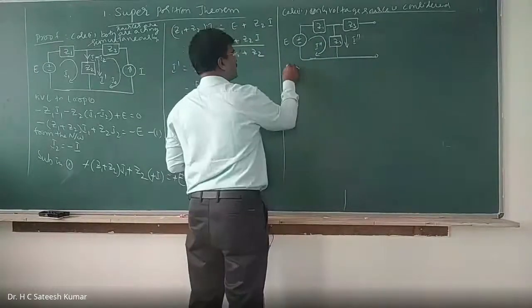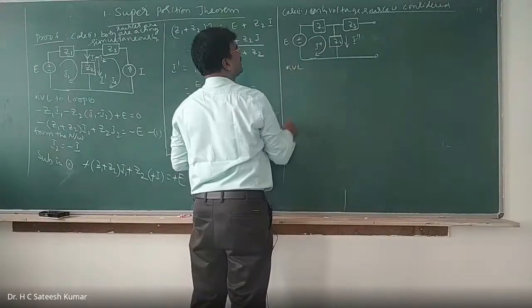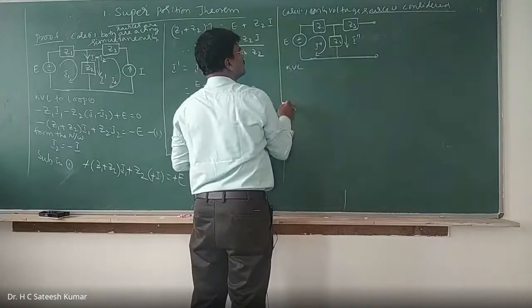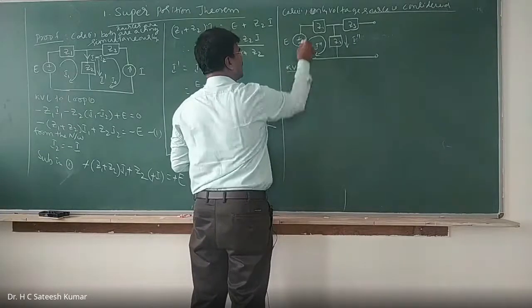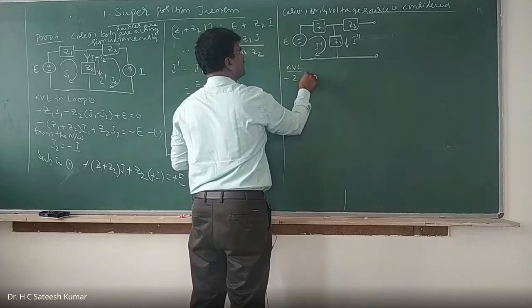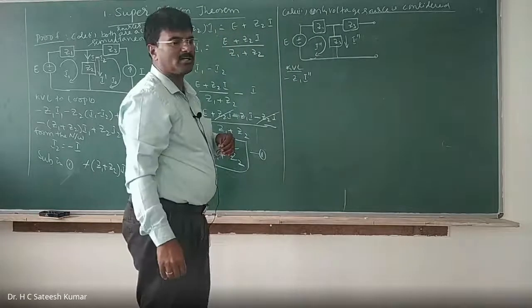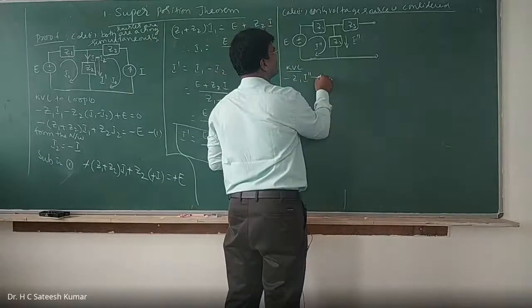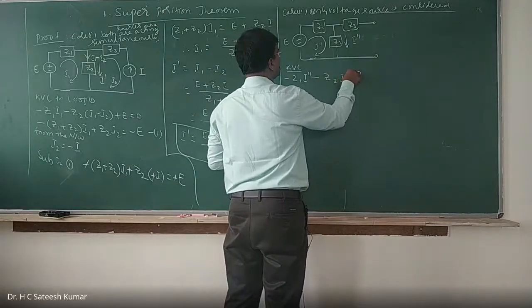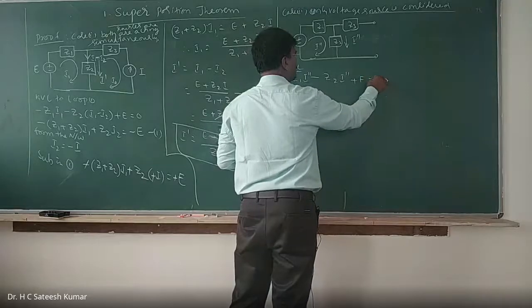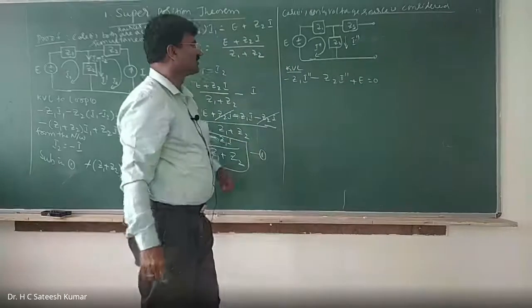Apply KVL, Kirchhoff voltage law, or mesh analysis loop. So what do we get? Minus Z1 into I double dash, minus Z2 into I double dash, plus E is equal to 0. So therefore, calculate I double dash.